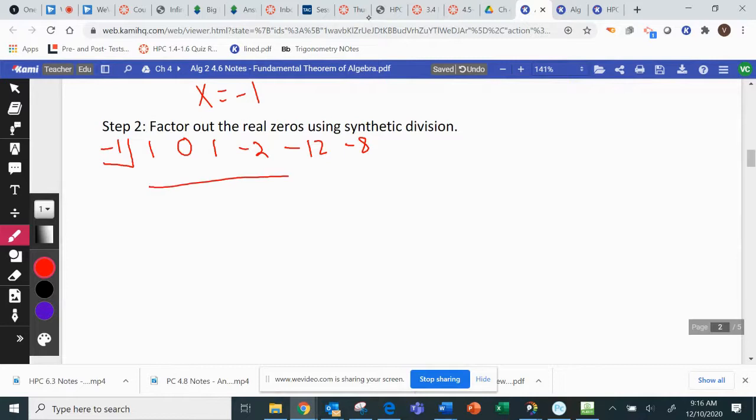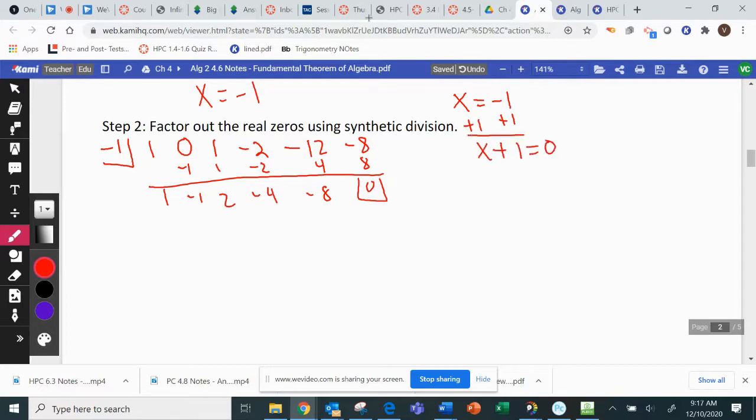So I'm going to do my synthetic division. I took out the -1, and I'm left with no remainder, so I've done it right. Let me write this as a factor. x equals -1, add the 1, I get x plus 1 equals 0. So x plus 1 is a factor.